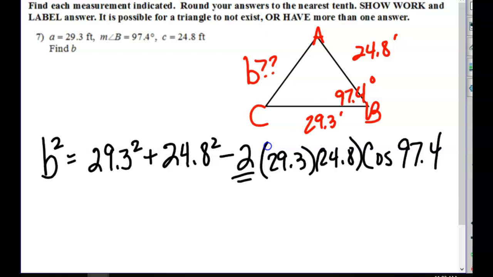And remember, you don't want to hit any enter at any point along the way. You want to type the whole thing in. Anybody get 1660.7? No? I can try it again. 29.3 squared plus 24.8 squared minus 2 times 29.3 times 24.8 times cosine 97.4.